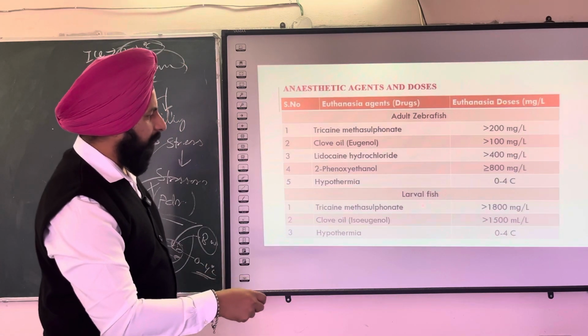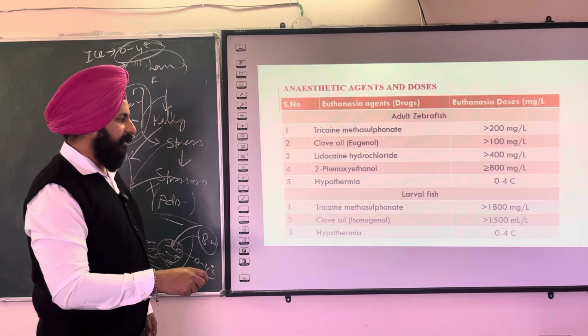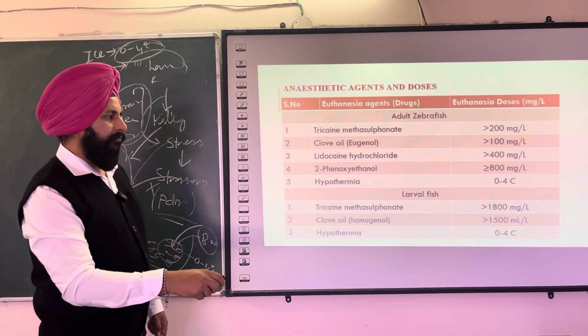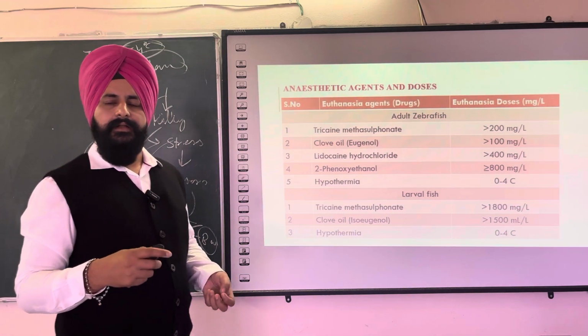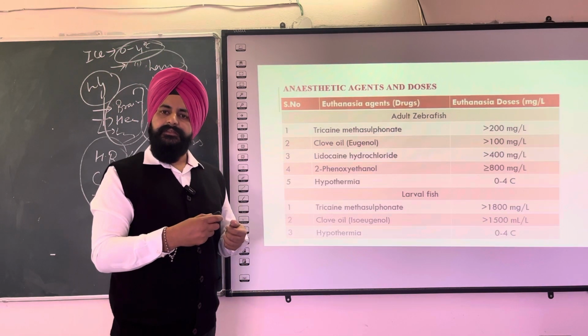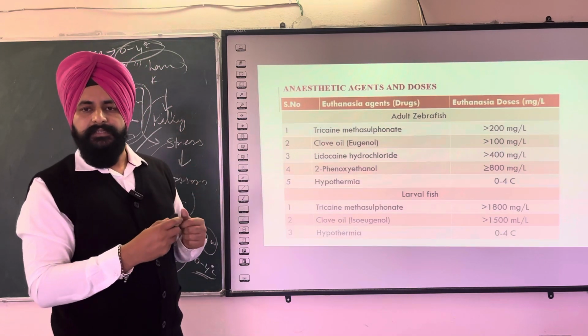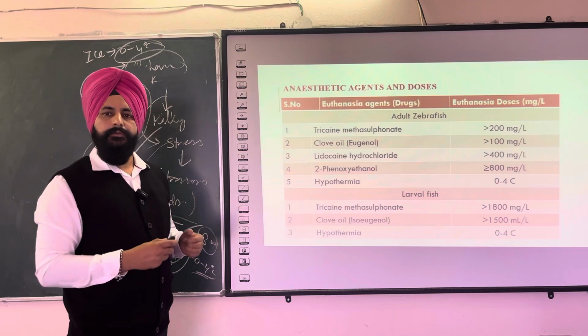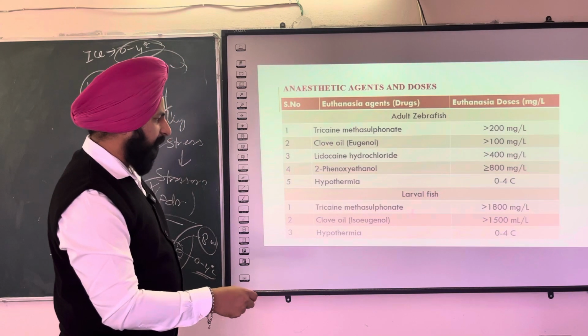What can you use for larvae? If you are working on larvae, you can use tricaine methanesulfonate, but the dose will be 1800 mg per liter, because larvae are small fishes where there is a need for a high dose since their metabolic rate is higher. So that's why you need a high dose of tricaine methanesulfonate.